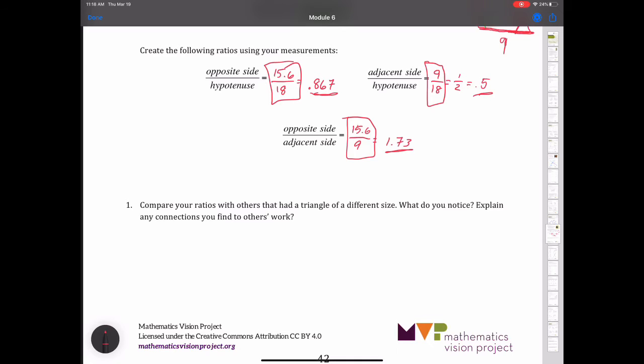If not, maybe go back, try to measure again, or redo some of those calculations. That's really the answer to number 1. We should notice that we have those same values. These underlined values here, here, and here should all be relatively similar, maybe off by a decimal or something like that, but it shouldn't be a big amount.